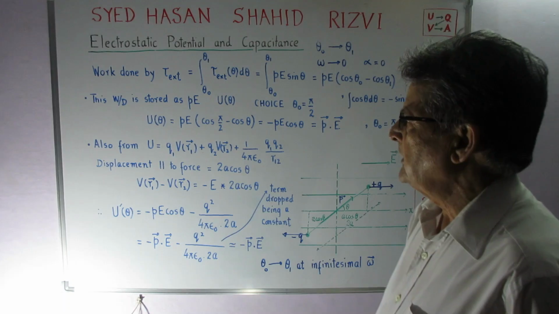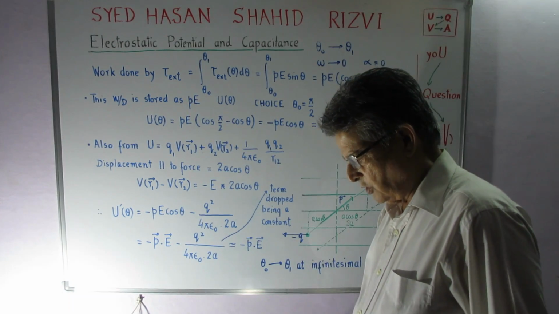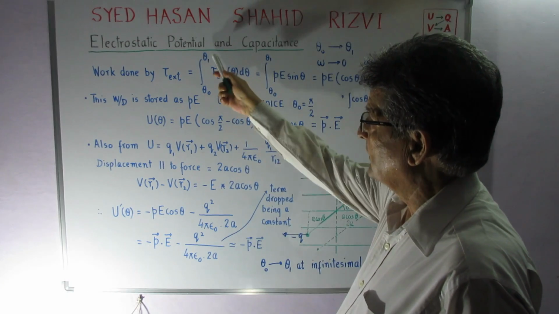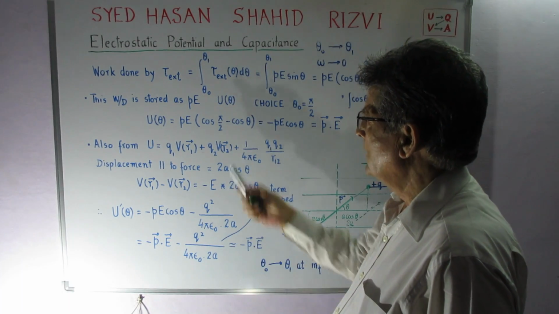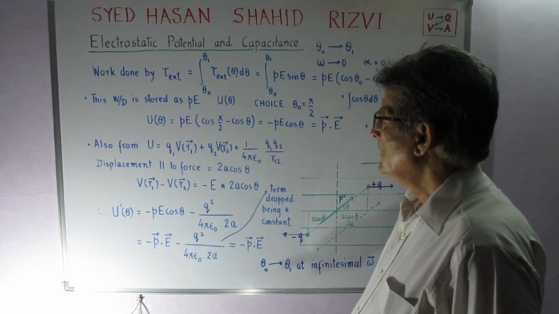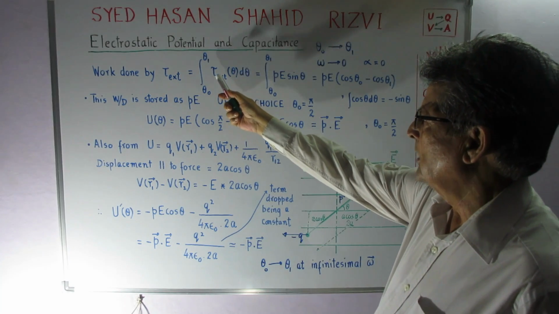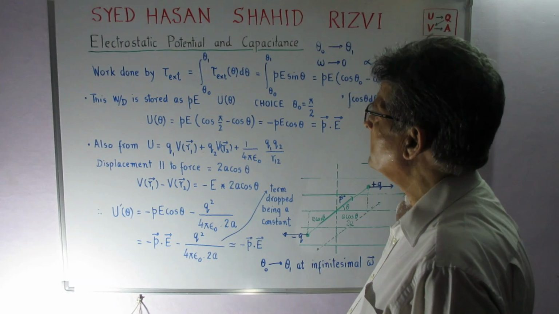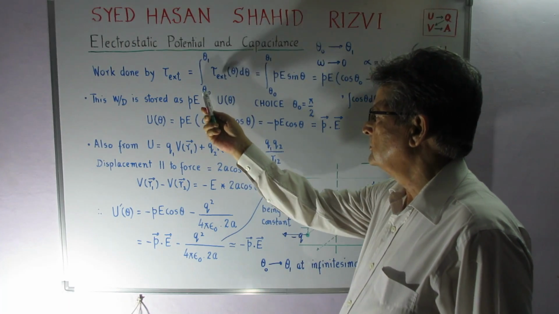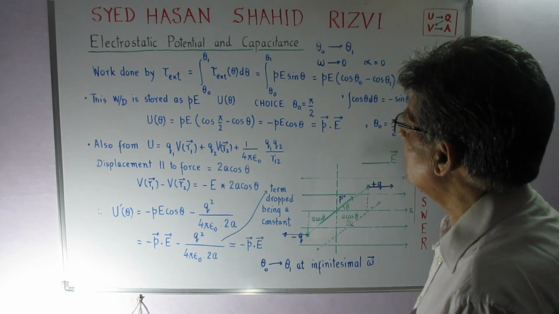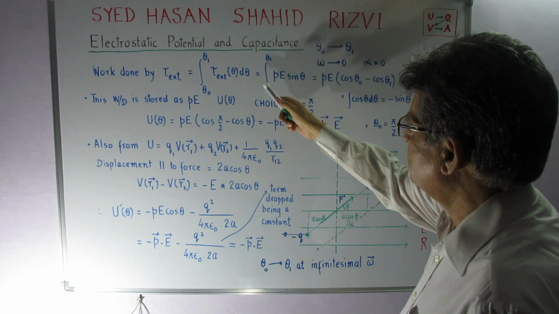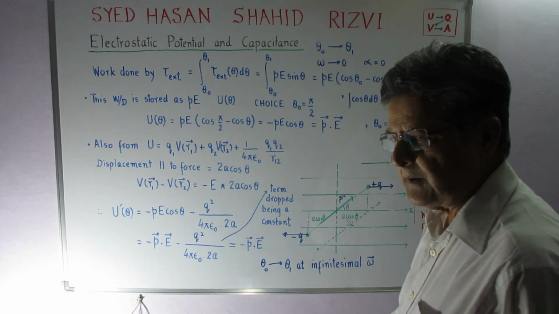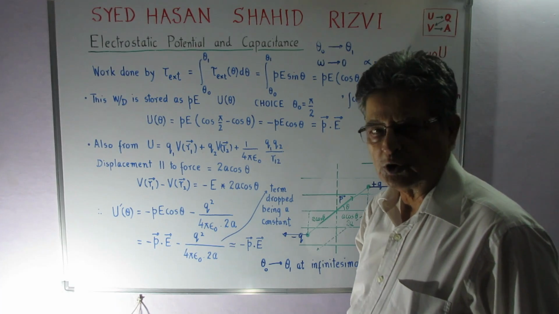Now, work done by the external torque will be equal to the integral, taking it from an angle theta 0 to theta 1, of the value of the torque at the angle theta, d theta. This turns out to be like this, because the torque will be equal to P E sine of theta, where P is equal to 2a into q.